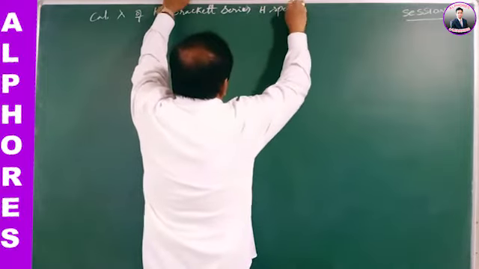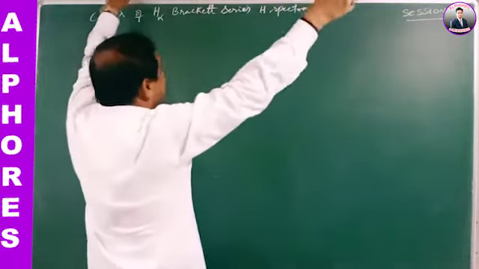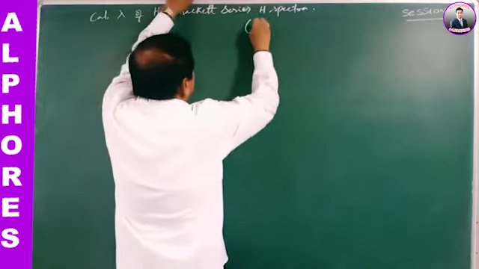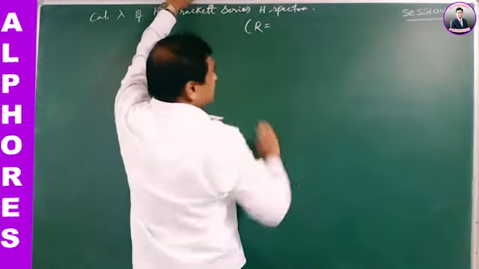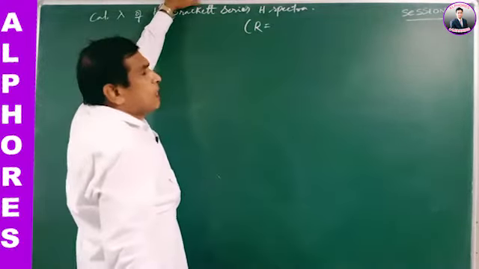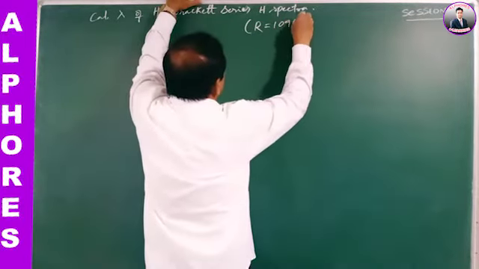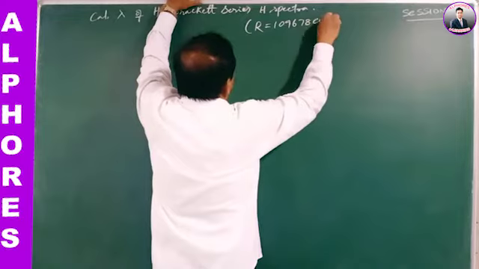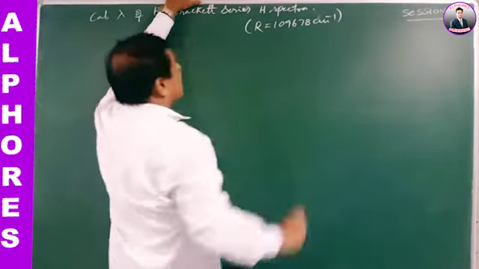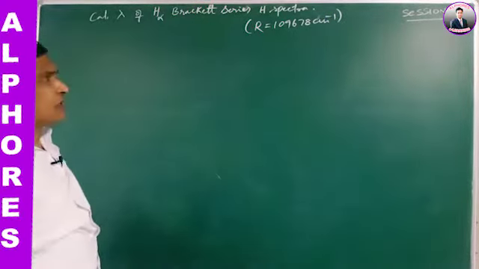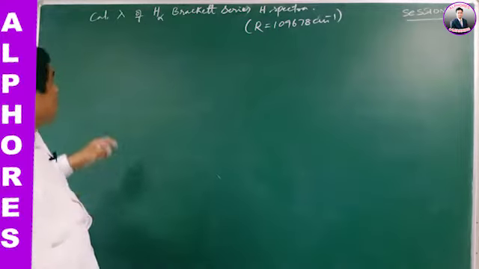Okay, done. So let us say the R value, Rydberg's constant value, is equal to 109,678 centimeter inverse. Let us take it like that. What is the question?